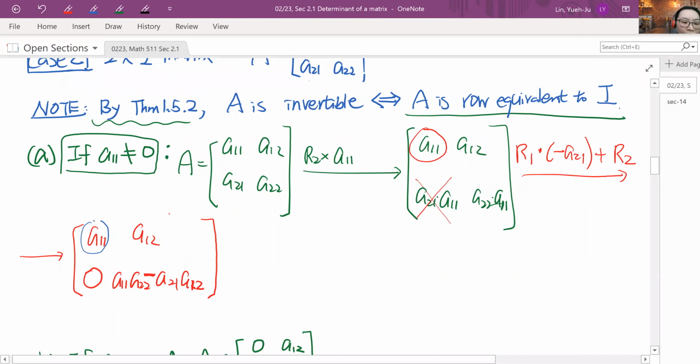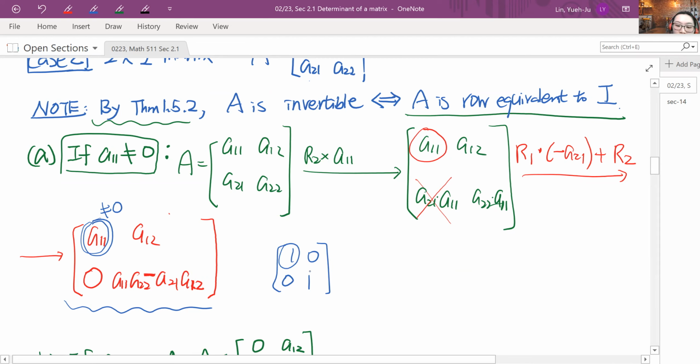I already know in this case A11 is not 0. So in order for the matrix I obtained here to be able to further reduce to identity, what's identity? Identity is 1 0 0 1, right? A11 is non-zero, so we can divide by A11 to get 1 here.